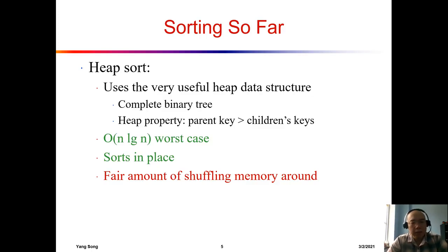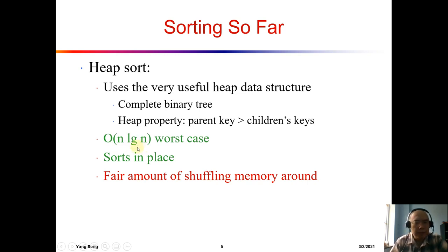And you may ask, why is heap sort not perfect? Because for heap sort, merge sort, and the average case of quicksort, they are all O(n log n). So why do we say quicksort is still the best? The reason is you want to pay attention here. There is a base number here. So for n log n, what is the base number of the log?